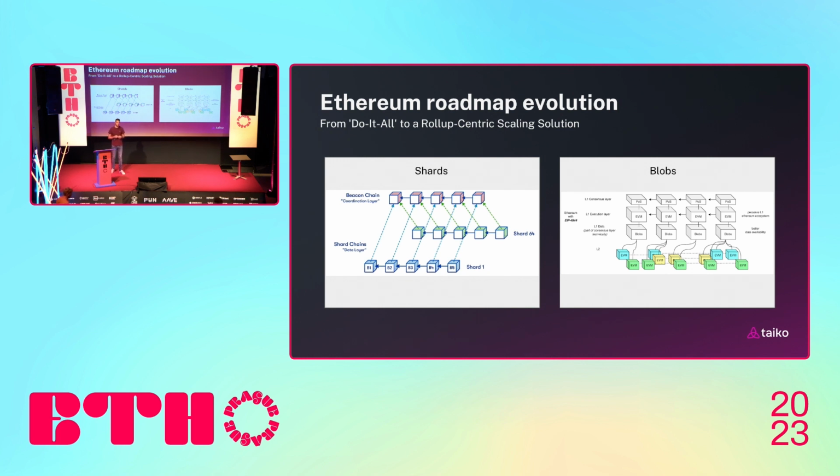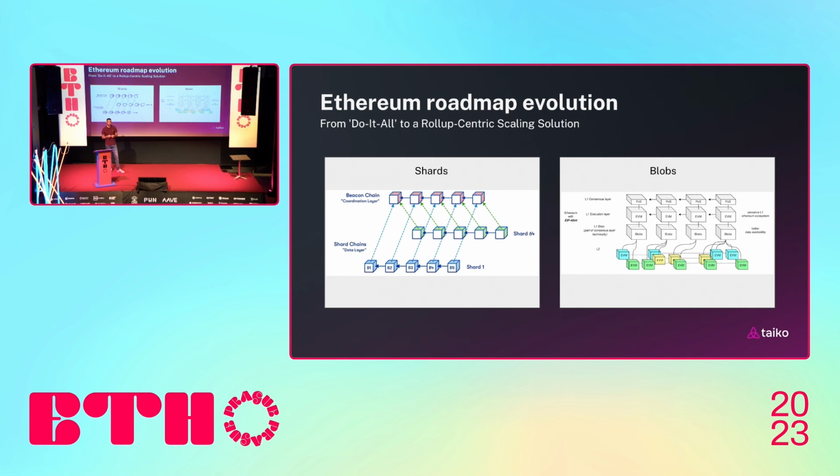Shards would fractionalize the network into multiple portions, each with its own state, and they would synchronize via a beacon chain or a coordination layer. But then they reiterated the plan, and now they are leaning towards a more roll-up-centric roadmap with blobs.